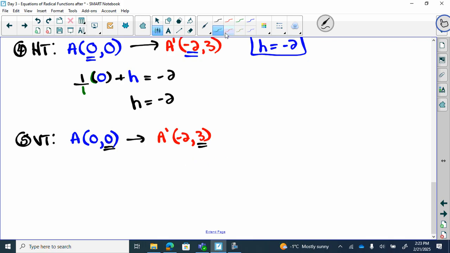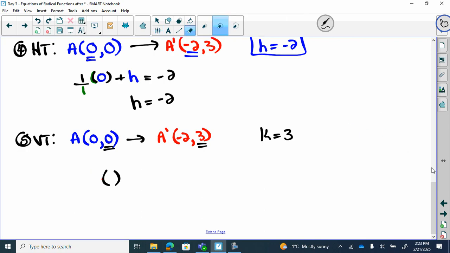Does anyone know what my k value would be? 3. K equals 3. Here's why that happens. Really, I should multiply that y coordinate by A, which is -2. What was it, -4? Yeah, not -2, it was -4.